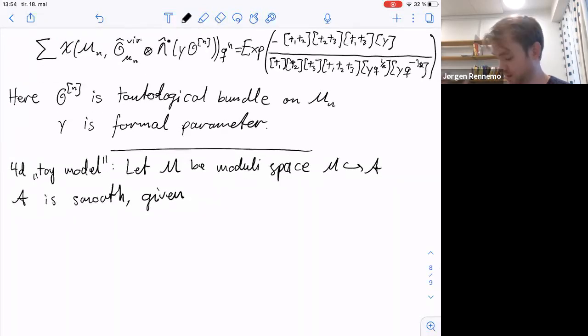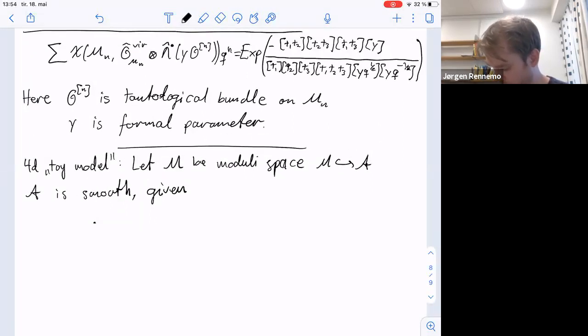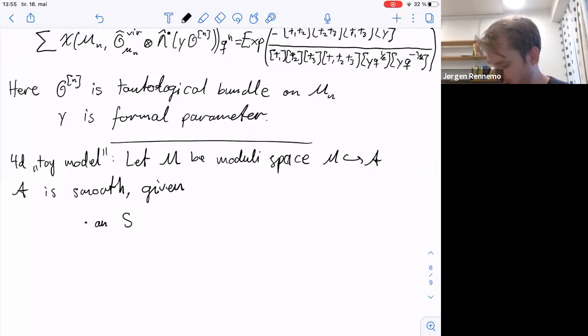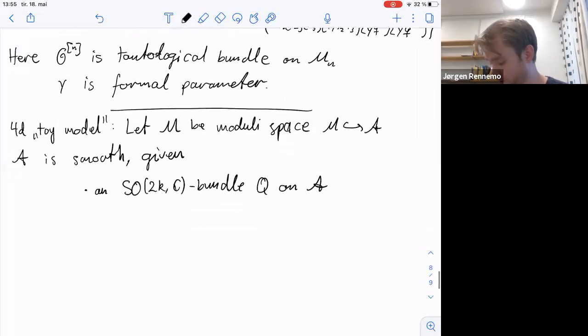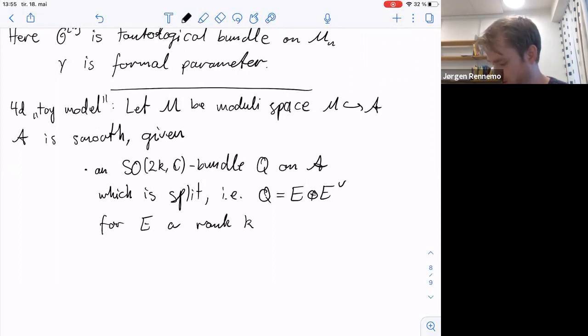Previously in the 3D case, we wanted M to be defined by the critical locus of a function on A. Here we rather want to be given an SO(2k) bundle Q on A, so a vector bundle with a quadratic form and an orientation, which, to make things as simple as possible, is split, by which I mean that Q is equal to E plus E dual, for E a rank k vector bundle.